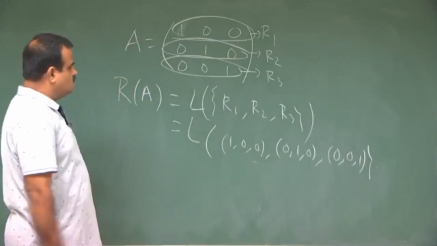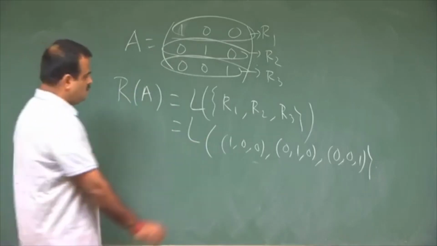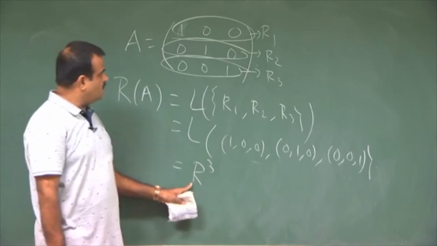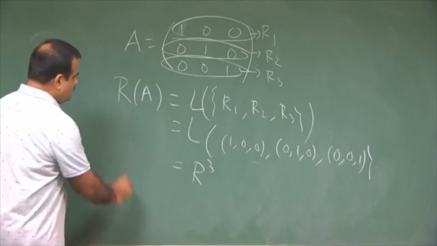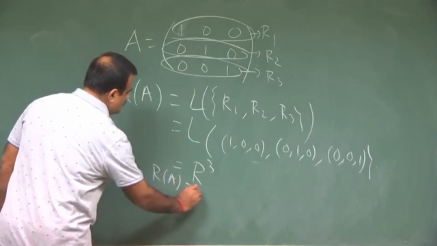Now, we know these are all independent vectors and this will form R 3, the real number field R 3. So, the dimension of this is 3.